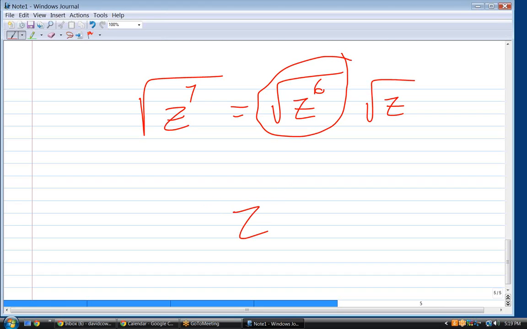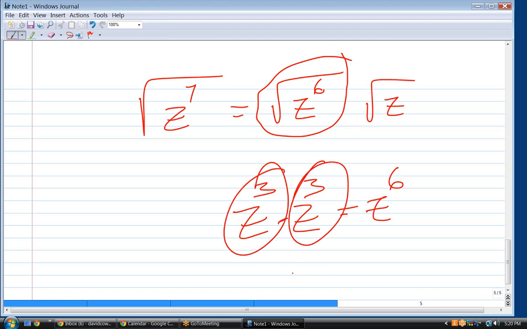Yeah. Notice why. When I take z to the 3rd and I multiply it by z to the 3rd, I get z to the 6th by adding the exponents. So, when you're taking the square root of something, what you're saying is, what two numbers multiply together to give me z to the 6th? The two same numbers, well, z to the 3rd times z to the 3rd gives you z to the 6th.